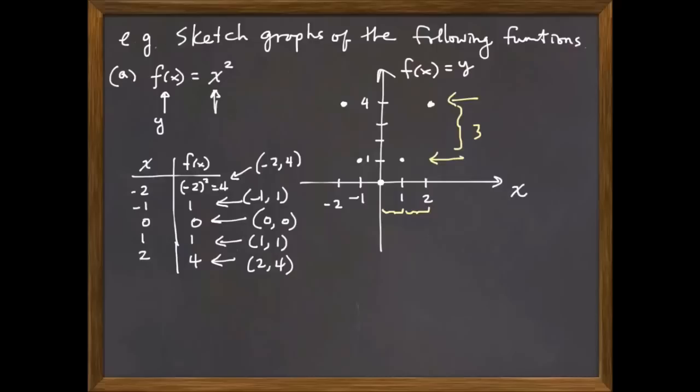So here you have 1 unit apart, but then 3 units apart in the y direction, so it's growing a lot steeper from point 1 to point 2 when you compare it to the growth from point 0 to point 1. So it can't be a straight line, because a straight line basically is a constant growth rate all the time.